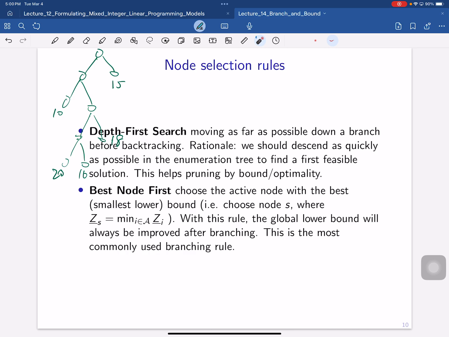So 10 gives you sort of the best relaxation you can find, so 10 would be the global lower bound. If you branch this particular node into 2 nodes, this lower bound 10 will be improved. That will also improve the global lower bound. So this is the so-called best node first node selection rule.